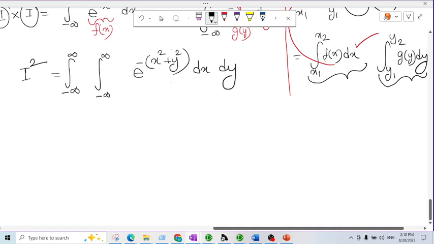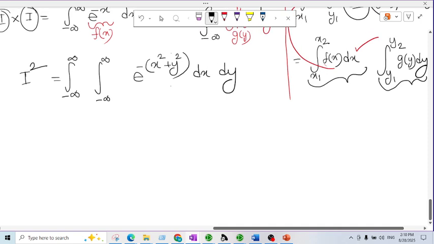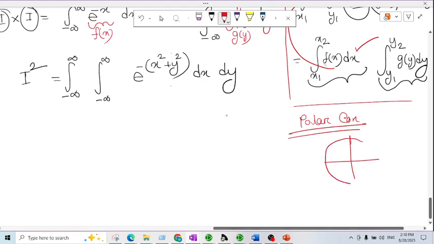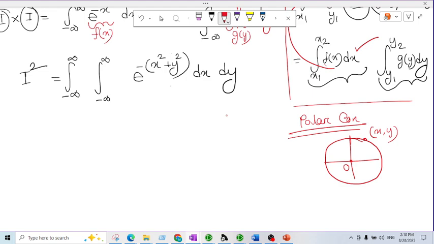Okay, so now we are going to do the integration in polar coordinates. So let's convert x and y into polar coordinates. Polar coordinates means we have to assume a circle. Let's say this point is (x, y), so the distance from the origin to this point is r, and this is theta.